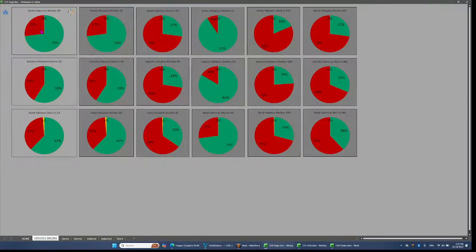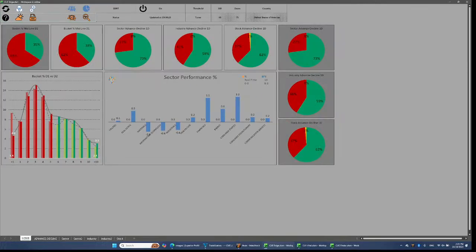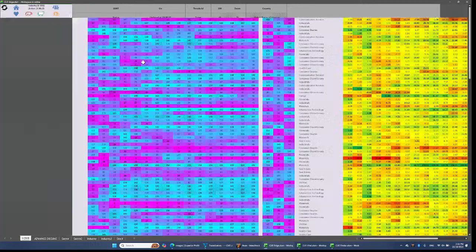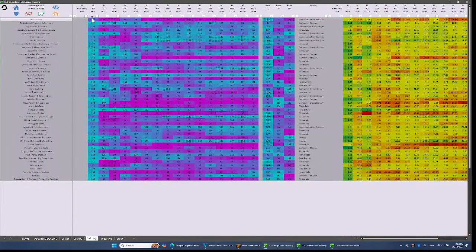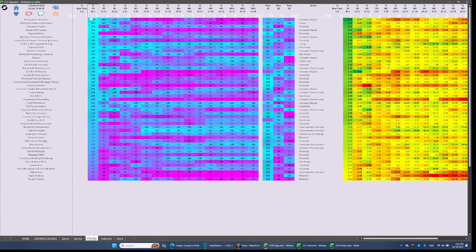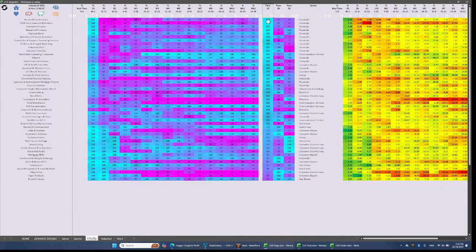Let me do a proper top-down analysis starting with Q edge. Go to the industries, click on the bull button to look at industries that are either the strongest or the most accelerating.